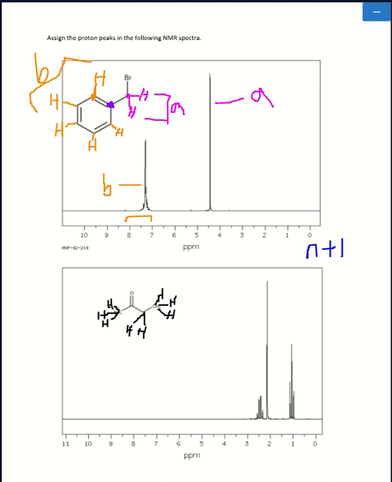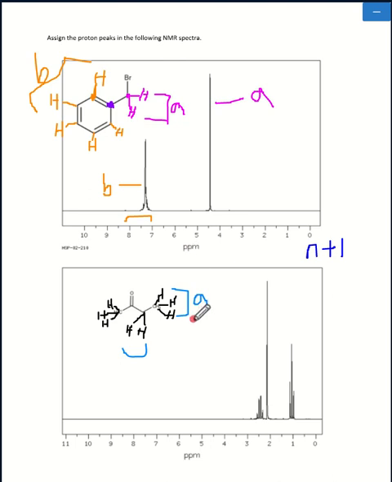Here's how the N+1 rule works. Let's just say I want to label this methyl group, these 3 hydrogen right here on the rightmost carbon, as A. The neighboring carbon only has 2 hydrogen, therefore 2 plus 1 would be 3.